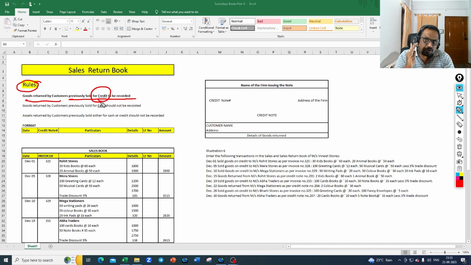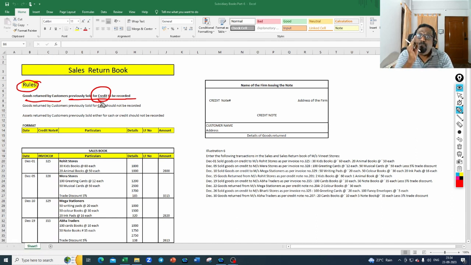Whatever assets you sold to them and they returned, either for cash or for credit, should not be recorded in sales return book. Assets sold either for cash or credit and returned back to you should not be recorded in our sales return book, because sales return book is meant only for goods.